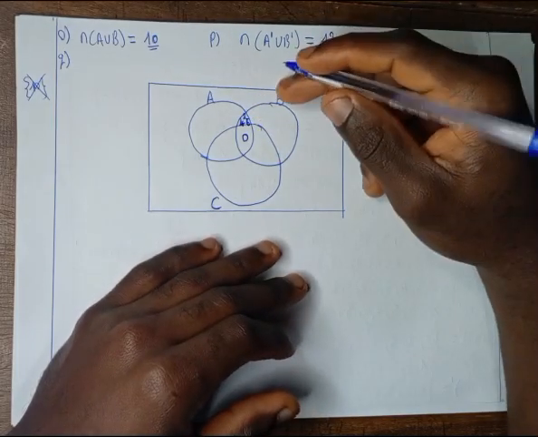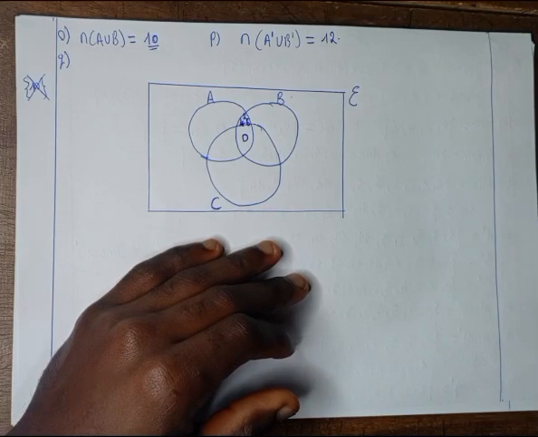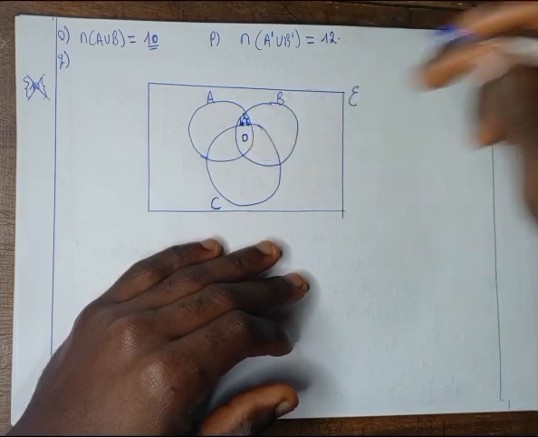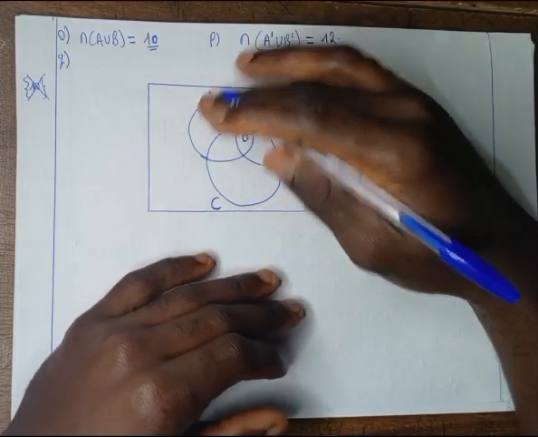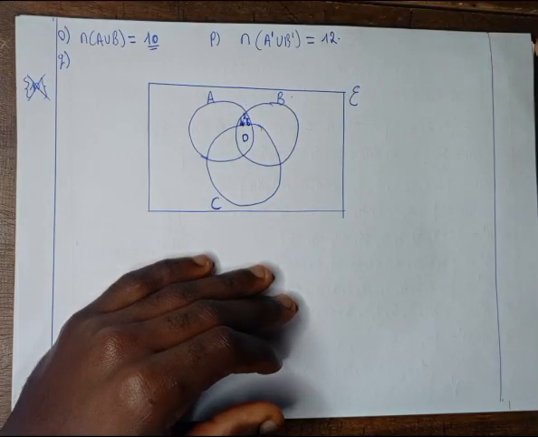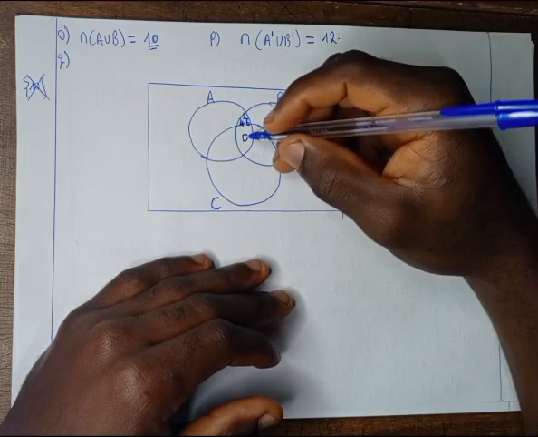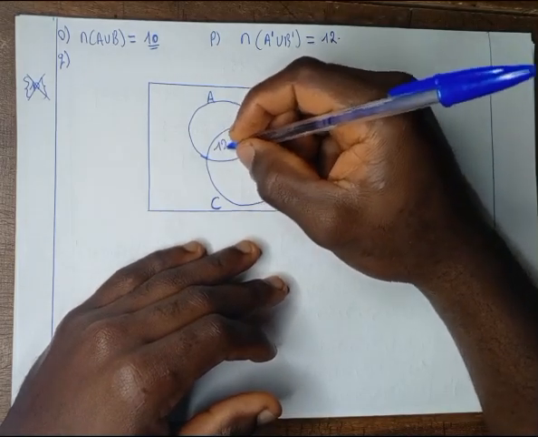The next for B intersection C, we have just 0. 0 is already here. This other space will be left empty. Next, for E intersection C, we have 0 and 12. 0 is already here. And we are going to write 12 here.